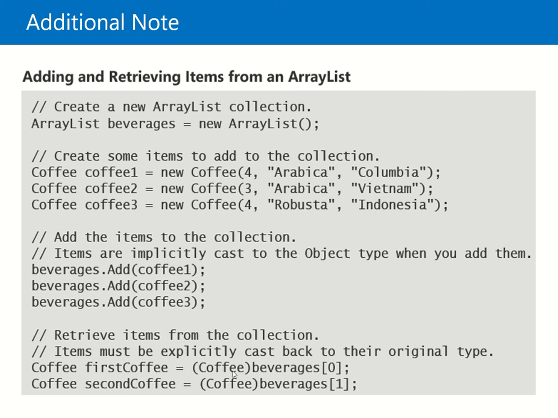Then you take the value in beverages at index 0 and cast it into firstCoffee, and beverages at index 1 is stored into secondCoffee.